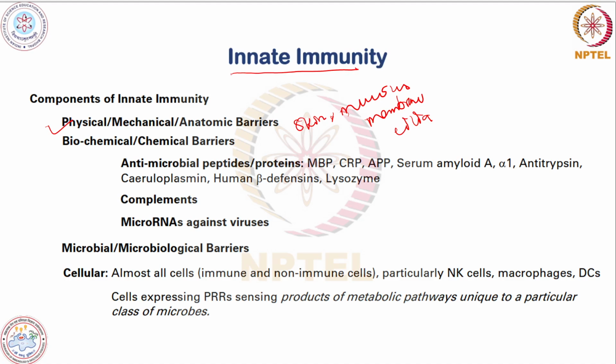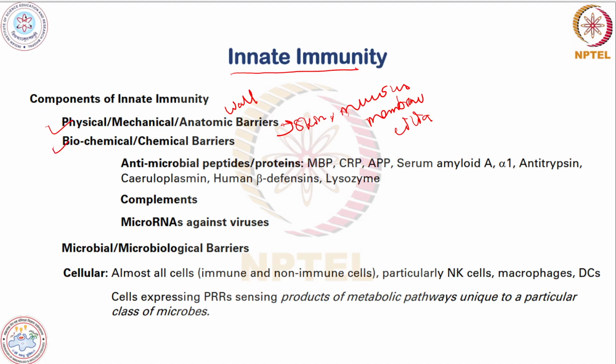The first one is the physical, mechanical or anatomical barriers, which consist of skin, mucous membrane and cilia. They act like a wall or shield for blocking harmful microbes from getting inside. They are the first line of defense of our body from pathogens.